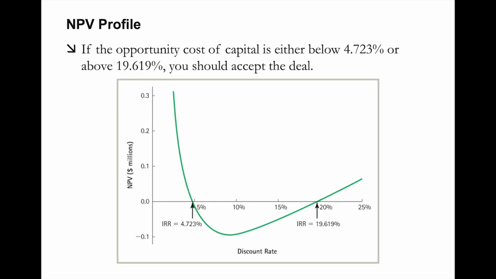If a manager expects the discount rate to be, say, 10%, then they know that the actual discount rate can fall to 4.723% or rise to 19.619% before the decision to reject the project changes. So it gives us a good idea of the sensitivity in estimation error of our discount rate.